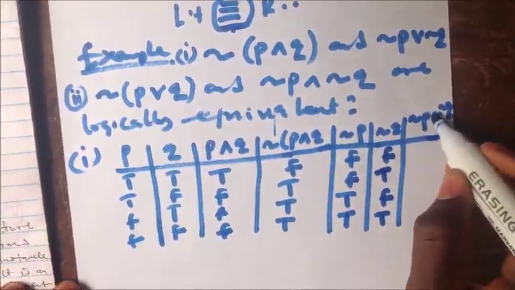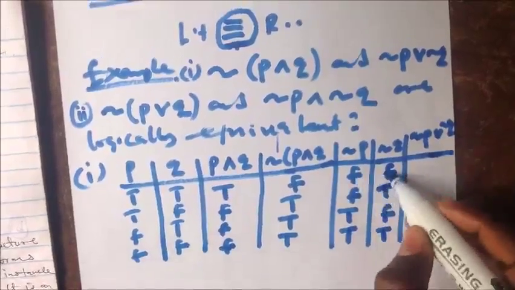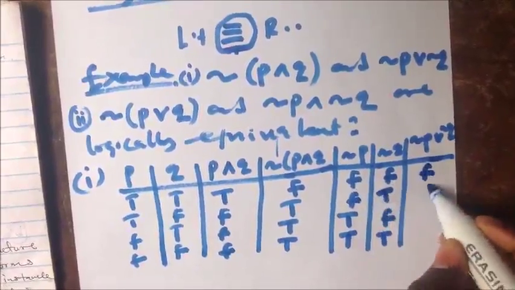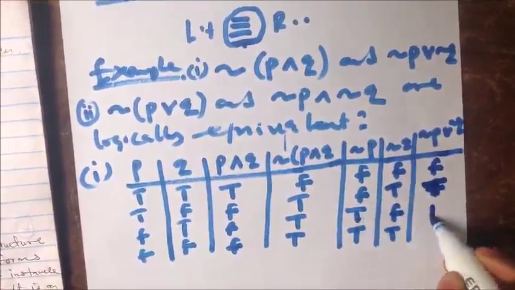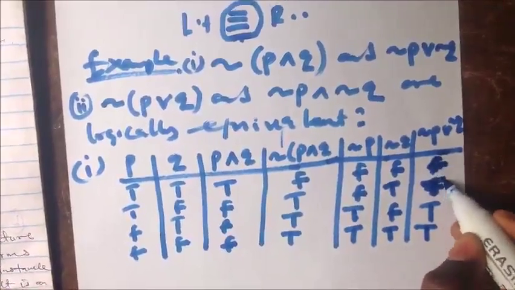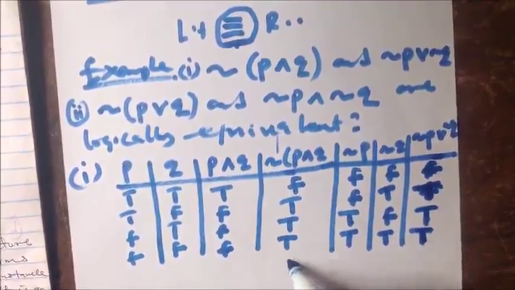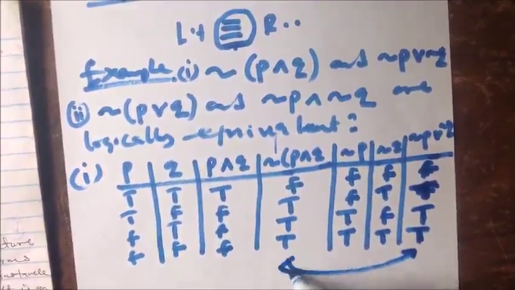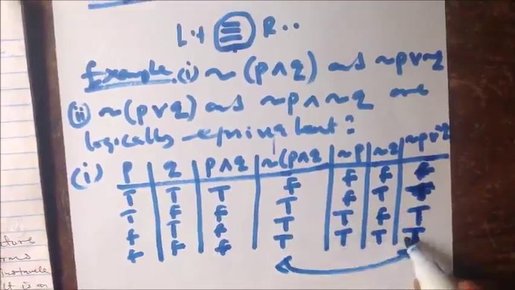Then the relation, this one is or. Remember, or is true when at least one is true. False, false is false. True, false is true. True, false is true. True, true is true. Now you see we have false, true, true, true. If you check this and this, you see they match.